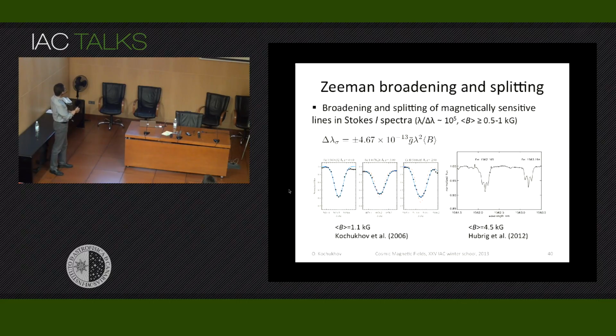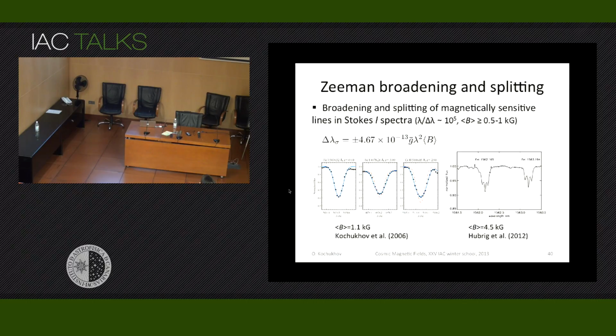And an important notice is that this technique is sensitive to much stronger fields. In order to see noticeable additional Zeeman broadening in Stokes I, you need half a kilogauss or more than a kilogauss. And it's based on this formula, that the separation of sigma components in a triplet line with respect to the pi component is given by this.